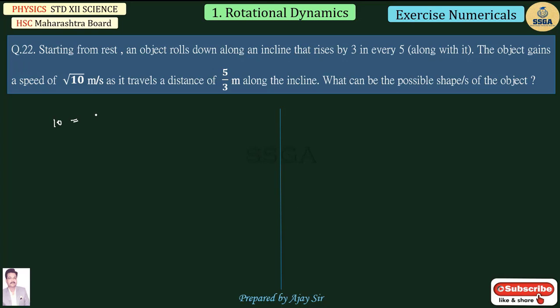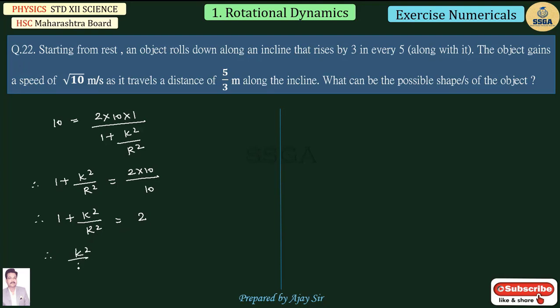So it is 2 into 10 into 1 from the previous expression, divided by 1 plus k square upon r square. Then this full term 1 plus k square divided by r square we will shift to this side, and this 10 we will shift to the other side, 2 into 10 into 1 divided by 10. So it is 1 plus k square upon r square equal to 2, as 10 gets cancelled.